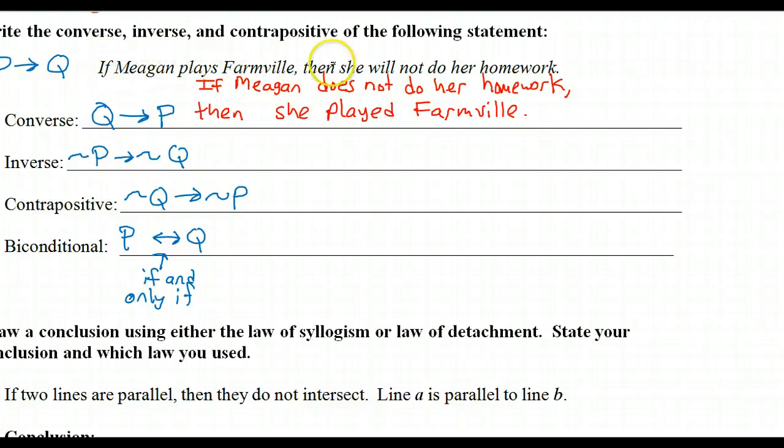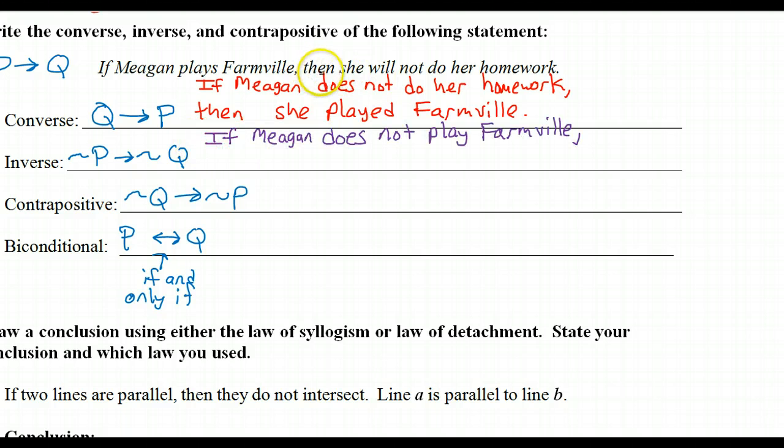Now the inverse. Going back to the original statement, the inverse will just be negating this. So the original statement again, if Megan plays Farmville, then she will not do her homework. Now to negate both of these statements, first of all, if Megan plays Farmville, this would become if Megan does not play Farmville.